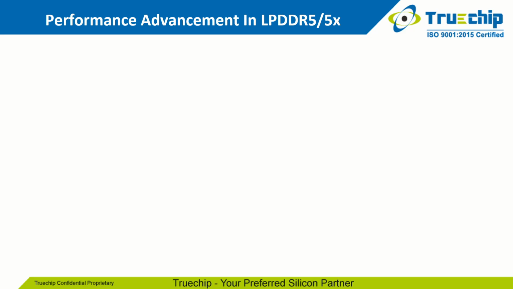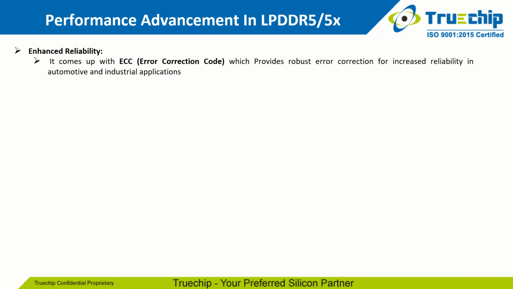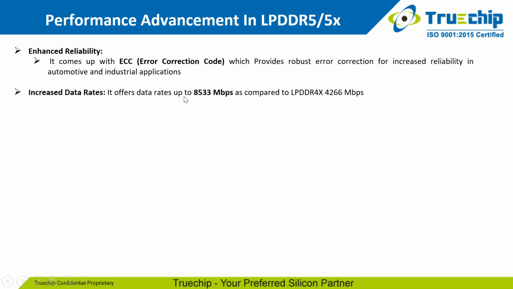So let's talk about more of the performance advancements in LPDDR5. Enhanced reliability. It comes with ECC, error correction code, which provides robust error correction for increased reliability in automotive and industrial applications. Increased data rates.